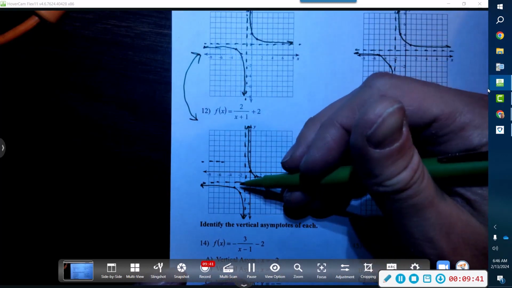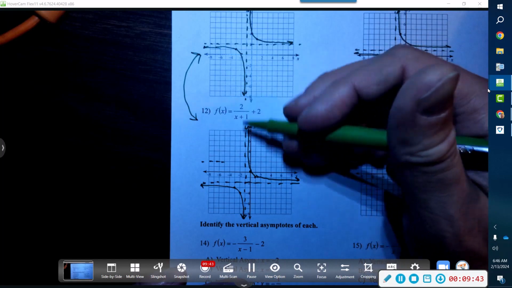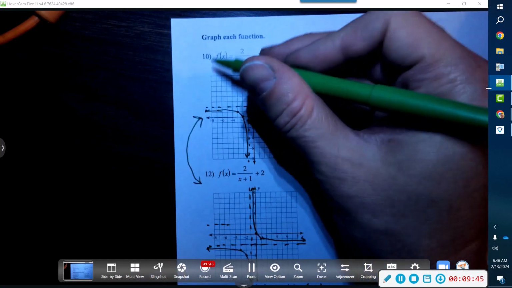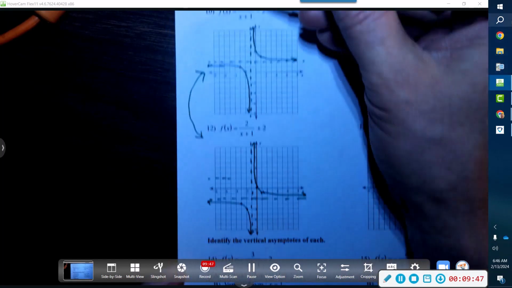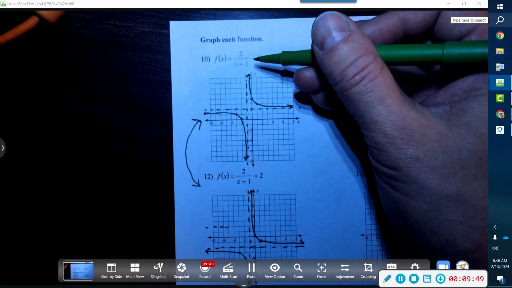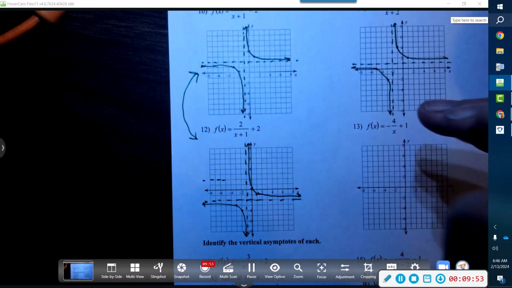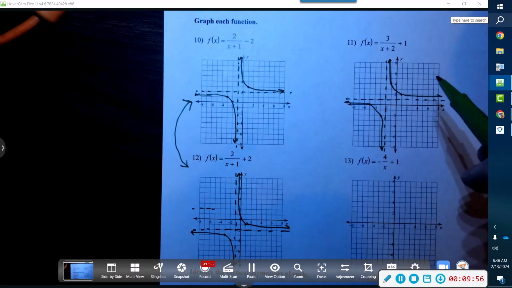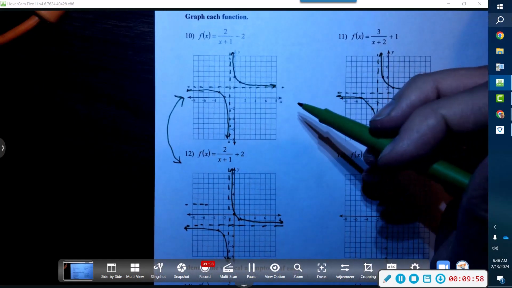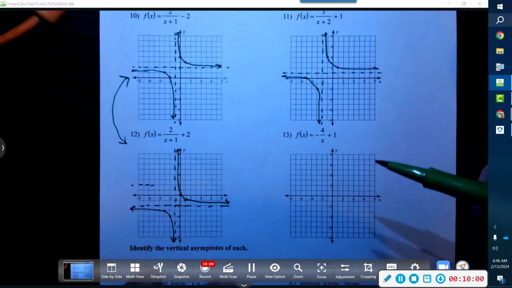We go over 1 to the left and then up 2 for this guy. And then this guy, we went over to the left 1 and then down 2. So these guys should be switched. Okay, oops. Okay. So there you go. It was a nice mistake to make.